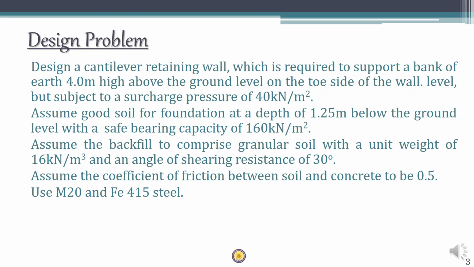So here is a design problem. The question is to design a cantilever retaining wall. The first thing I want you to do is to read the question carefully and note down all the given points. While reading the question, note that the backfill is a horizontal surface, it is level, but we have an additional surcharge pressure of 40.